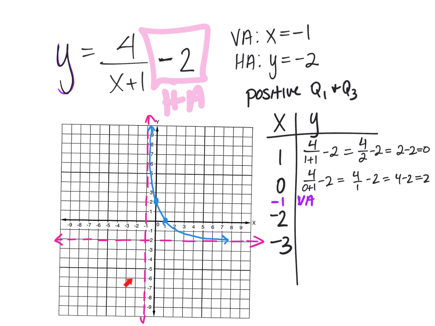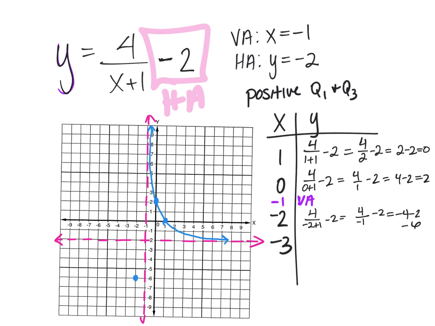Did you get negative 6 when you plugged in negative 2? Let's see. 4 over negative 2 plus 1 minus 2 is 4 over negative 1 minus 2, negative 4 minus 2, negative 6.